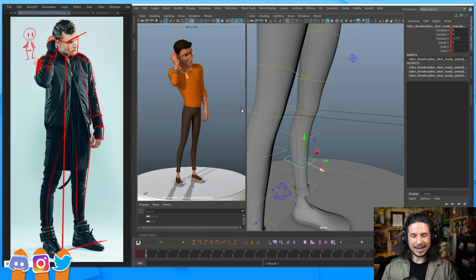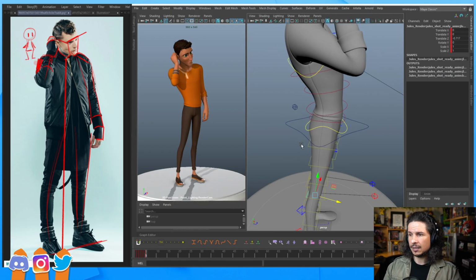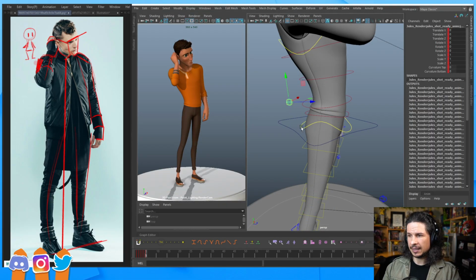Yeah, when you look at legs, it's like, oh yeah, they're just straight. And then you actually look at them and start drawing them or modeling them, and it's crazy how many curves there are and how everything is just S-shaped. So it's just a small change, but that's going to make a big difference. We can use this control right here.